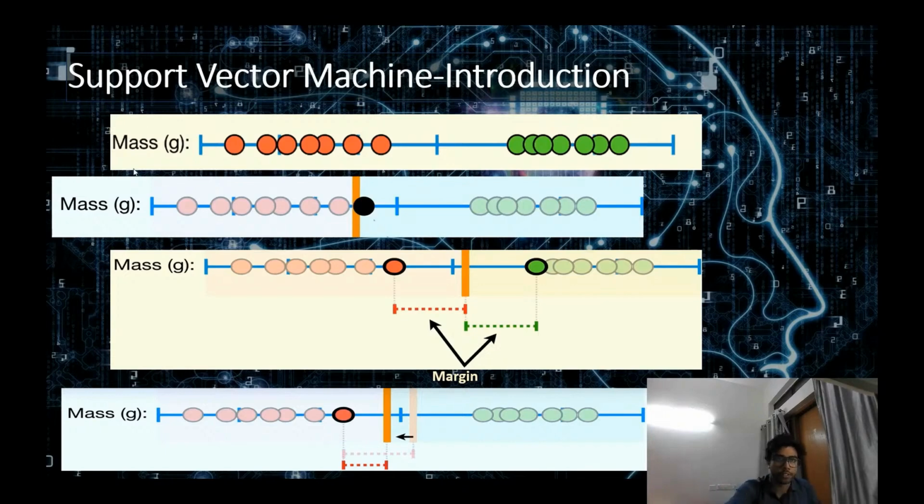Let's consider the first row. I'll then sequentially go into the next rows. So in the first row, this is your data that you are given, and you have to classify them as, sorry, obese or not.